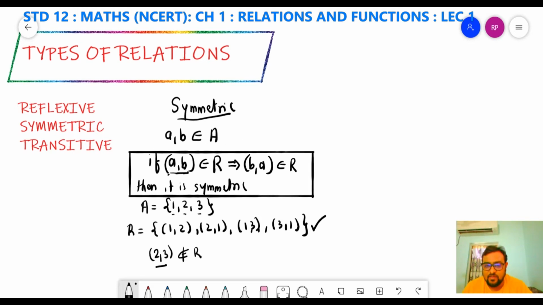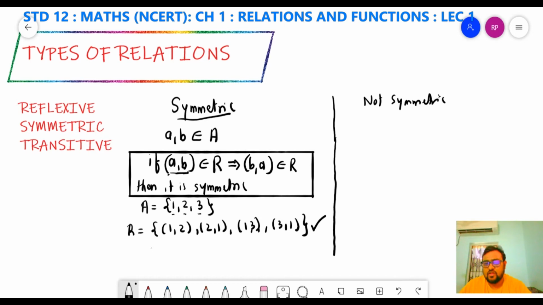Okay, if (a, b) belongs to R, that must imply (b, a) belongs to R. Then only it is symmetric. Okay, so now if you want to prove that a relation is not symmetric, you can do two things. When the question is asked, show whether it is symmetric or not, then either prove it is symmetric or not symmetric.